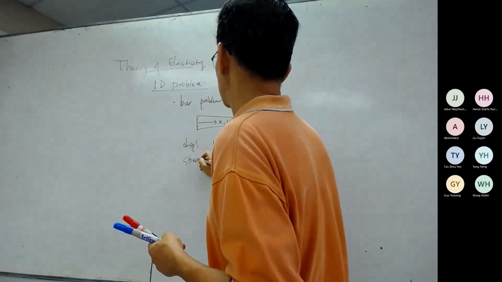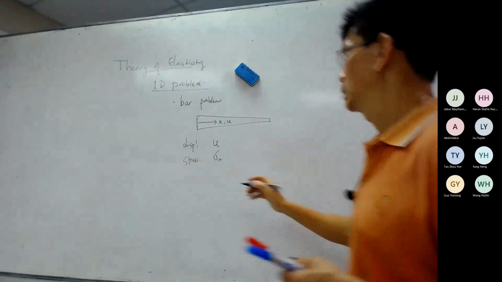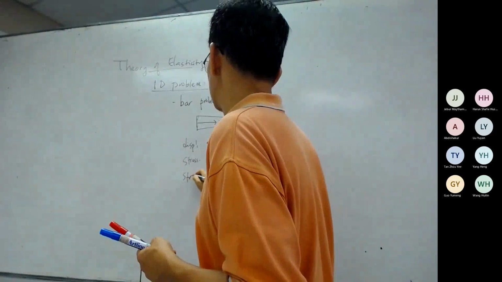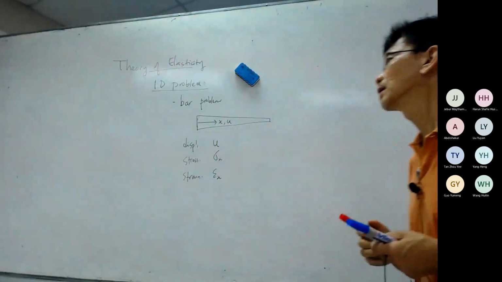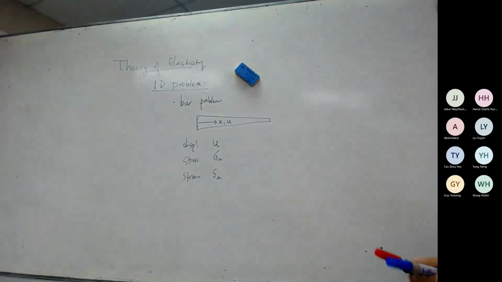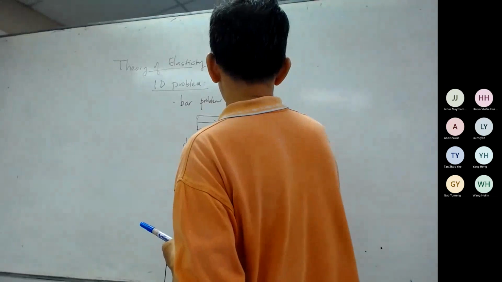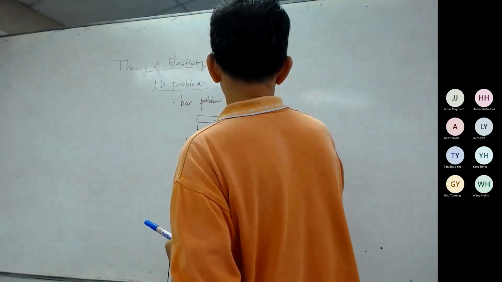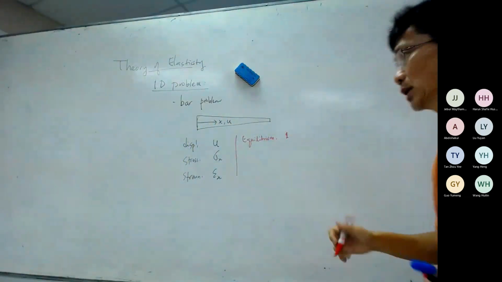Stress also only one, in the x direction, the others all zero. And the strain also one. Okay. And for the equations that we need, we need only one equilibrium equation in the x direction.